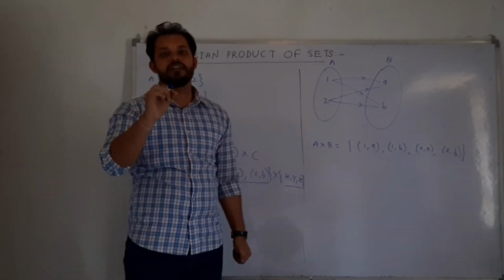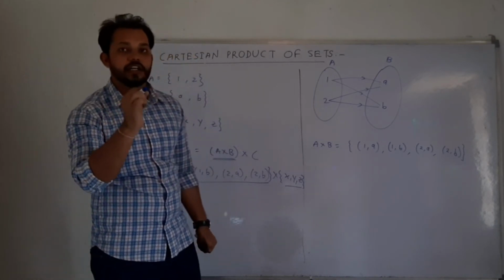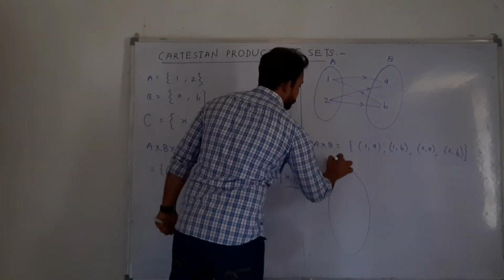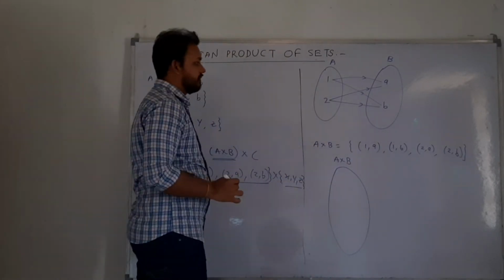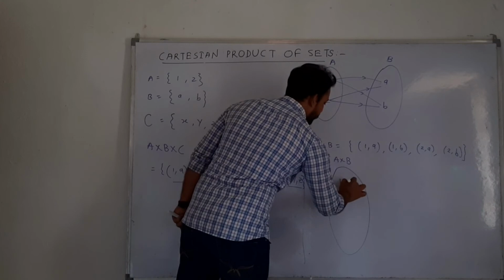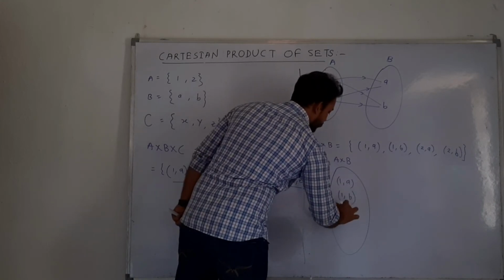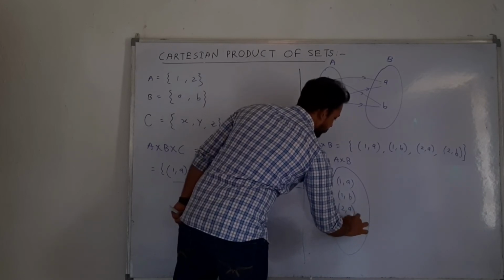Again we will represent the 2 sets in a diagram and find the cross product. The first set we have is A cross B, the elements of this set are (1, a), (1, b), (2, a) and (2, b).